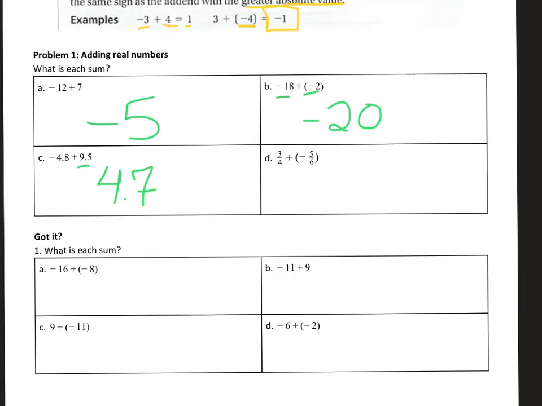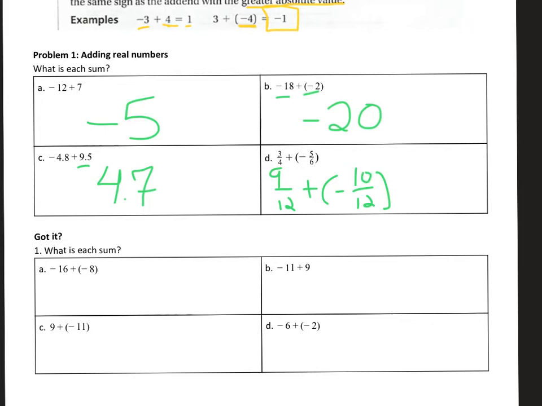Part D, I threw in some fractions just for fun. With those, it might help to get a common denominator. So this would become a common denominator of 12. 4 times 3 is 12. 3 times 3 is 9. 6 times 2 is 12. 5 times 2 is 10.